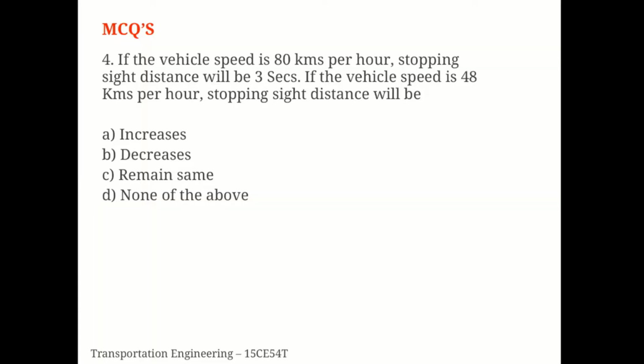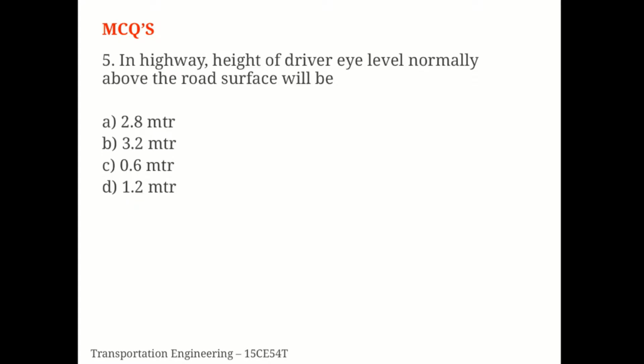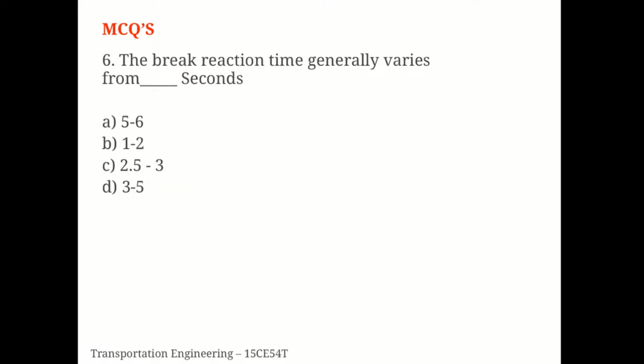If the vehicle speed is 80 km per hour, the brake reaction time will be 3 seconds. If the vehicle speed is 48 km per hour, it will be? In highway, the height of the driver's eye level normally above the road surface will be? The brake reaction time generally varies from?